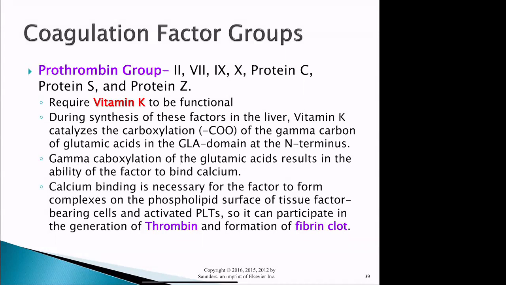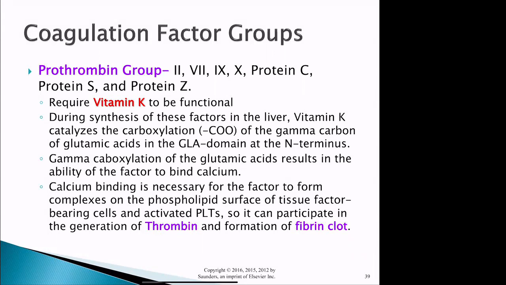Vitamin K catalyzes the carboxylation of the gamma carbon of glutamic acids in the GLA domain at the N terminus. I know it's a lot for these particular factors. Gamma carboxylation of the glutamic acids results in the ability of the factor to bind to calcium.